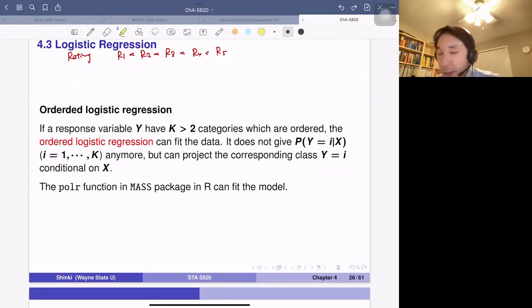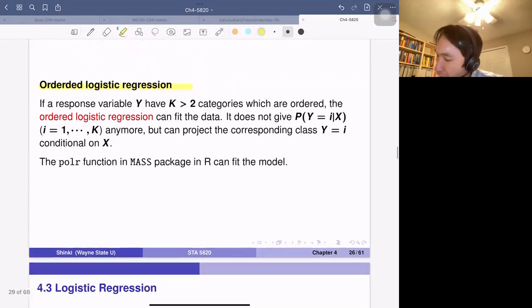Of course, we can do multinomial logistic regression, but that ignores the order of the categories. So in such a case, we can use the ordered logistic regression. We don't cover it in class, but I just want to say that such a model exists. It's the polr function.